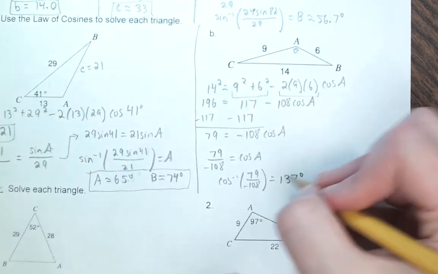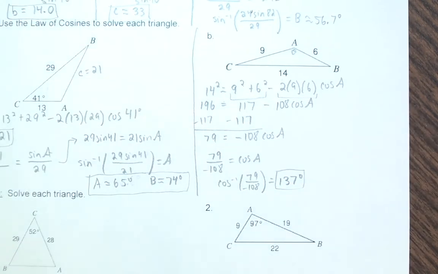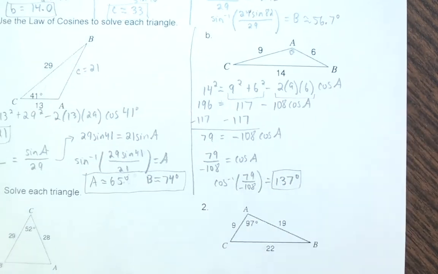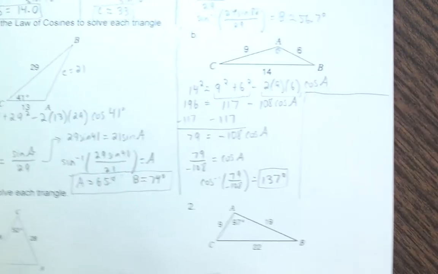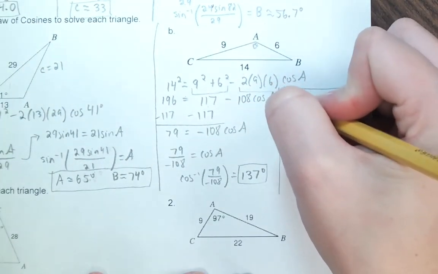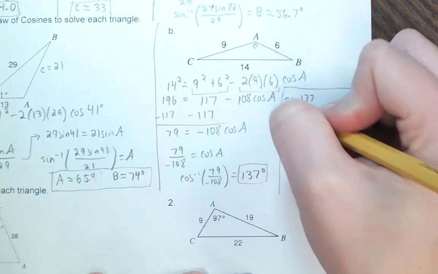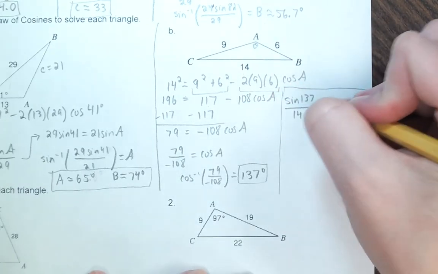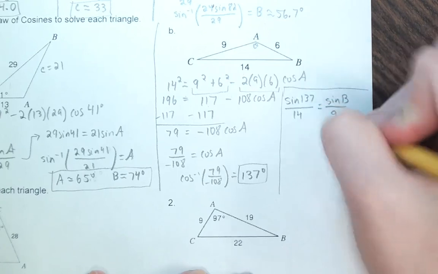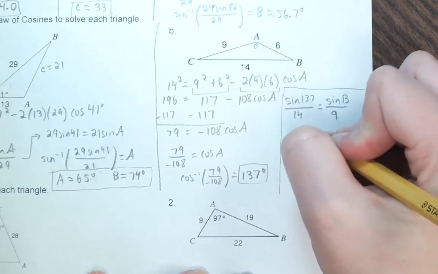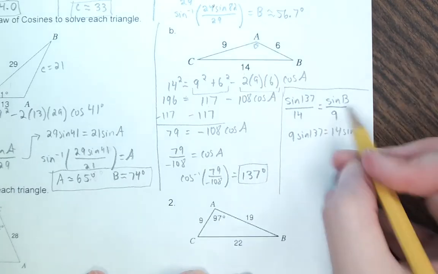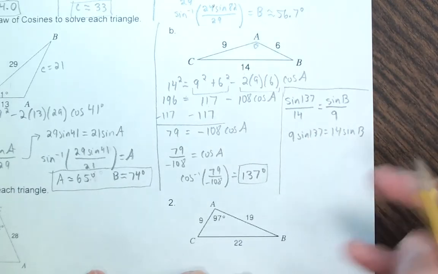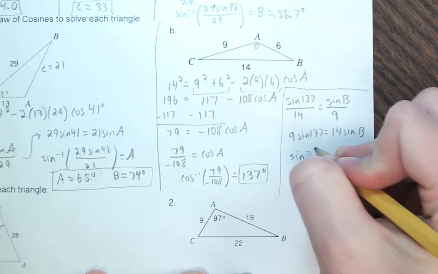So that's angle A. Now I can use the law of sines to find one of the other angles there. So let's do B. So if I say sine of B over 9, I'm going to divide both sides by 14 and then take the inverse sine.